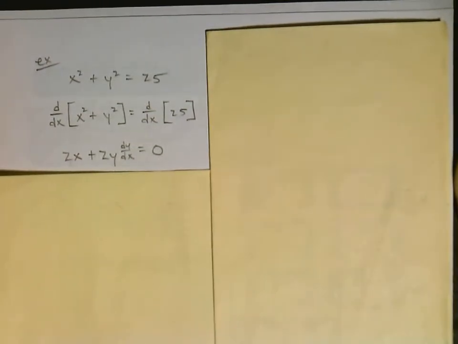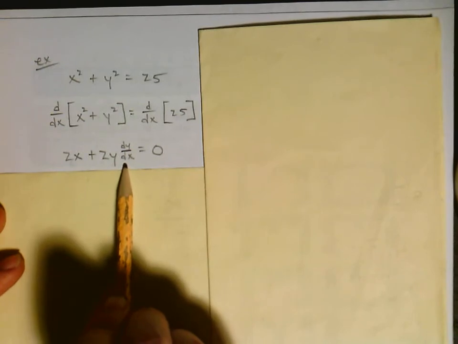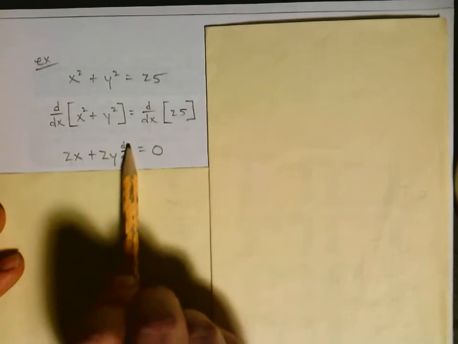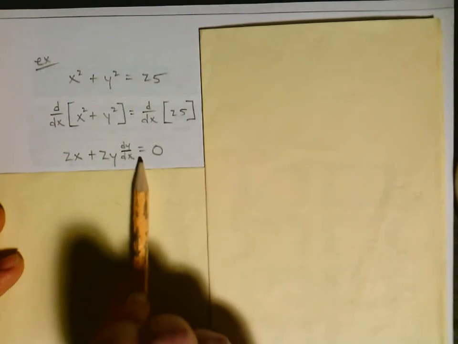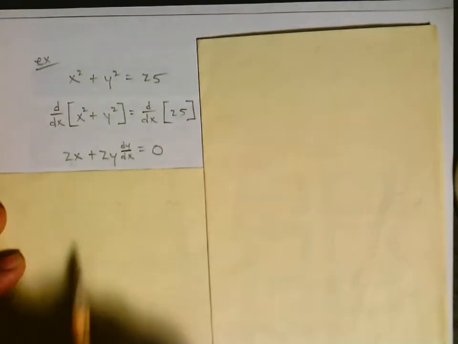However, that's not the end of the derivative. We then need to multiply by dy over dx. Okay, pause on that. We're going to come back to that. I'm going to explain why that is very soon. Okay, equals, and on the right side, the derivative of 25 is 0.